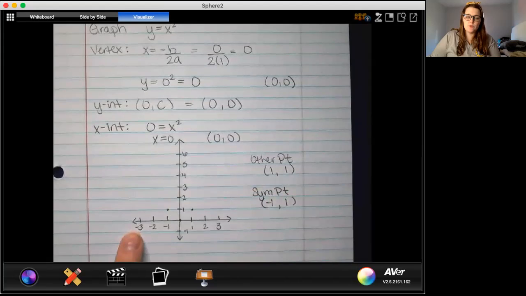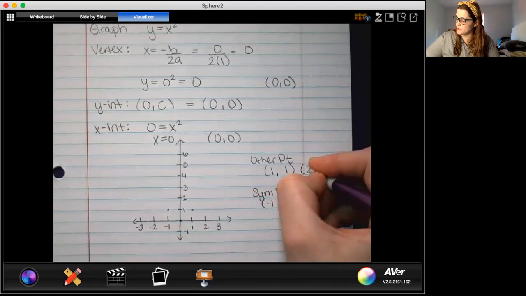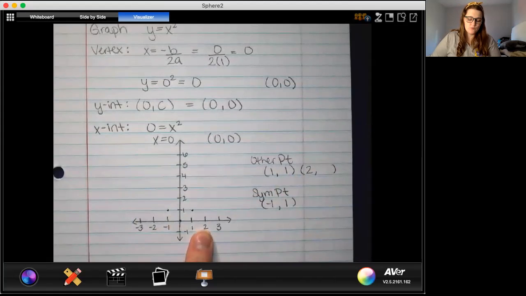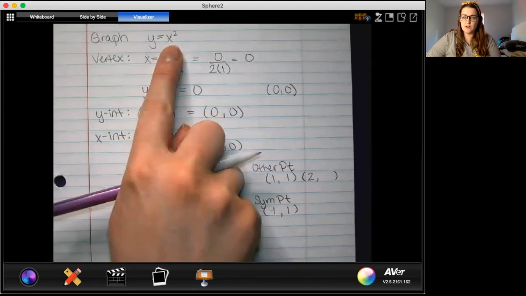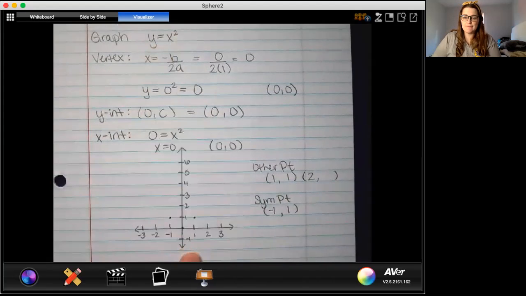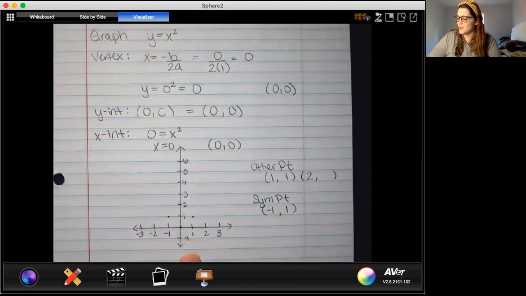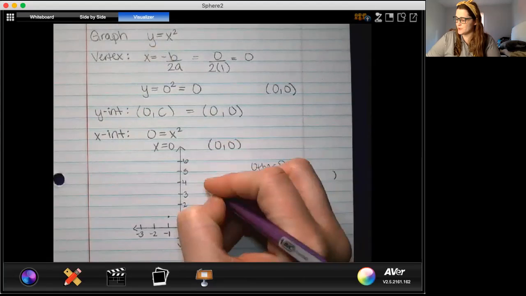Okay, let's do one more because we only have 3 points. So what would be our point at 2? What would be our y value at x equals 2? So if you put 2 into the equation, 2 squared, you would get 4. 2 squared is 4.